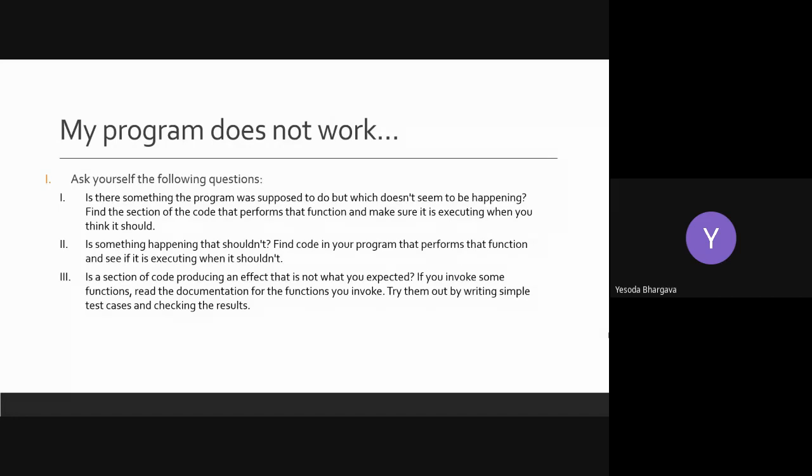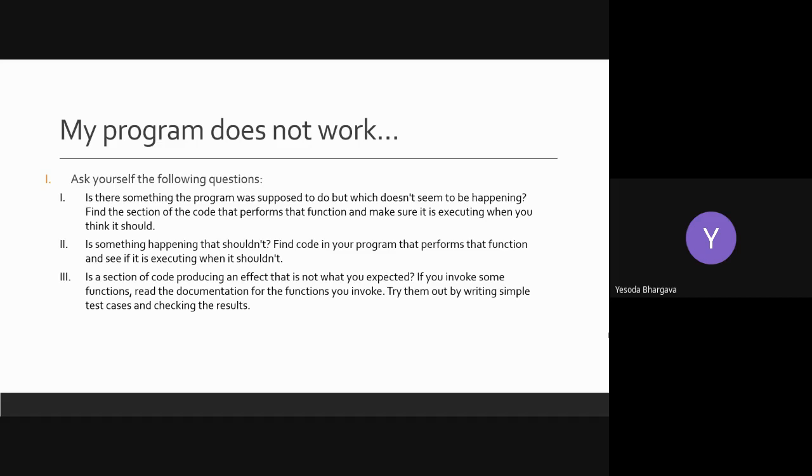But let's say that you have tried everything. Your program threw some runtime errors, it threw some semantic errors, and you're trying to do everything, but your program is still not working. In that kind of situation, there are certain questions that you need to ask. Is there something the program was supposed to do, but which doesn't seem to be happening?